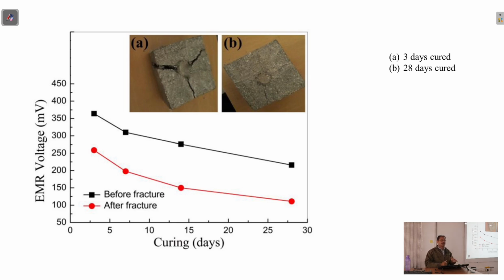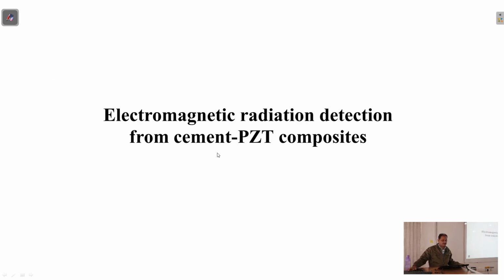So here we just wanted to establish that even without damage we are getting a signal. So it could give us early warning. This just confirms that once the fracture occurs, the overall signal strength is pretty low, but before that relatively higher magnitudes are obtained.